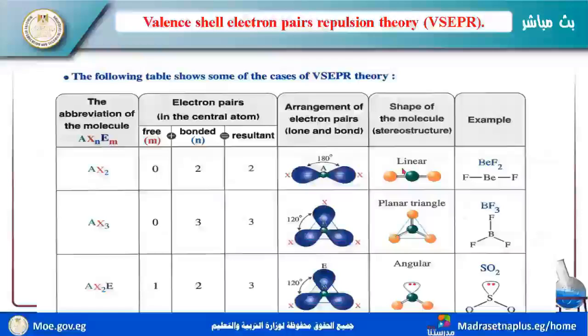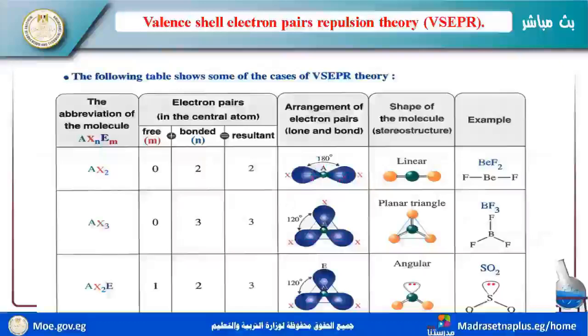Because we have two bond pairs only. When you write the configuration of beryllium, 2s2, we have two electrons, one on this side and one on this side, so the angle equals 180.